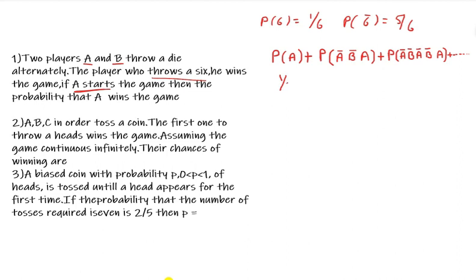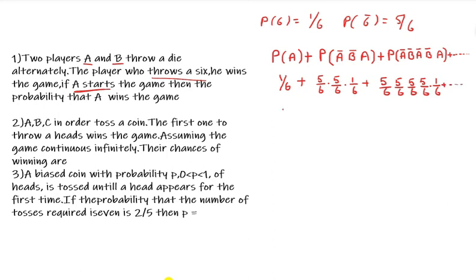Probability of winning the game by A in his first chance is 1 by 6. A has to fail in his first chance, B has to fail in his first chance, then A has to win his second chance. Next, A has to fail in his first chance, B also has to fail in his first chance, again A has to fail in his second chance, B also has to fail in his second chance, then A winning.